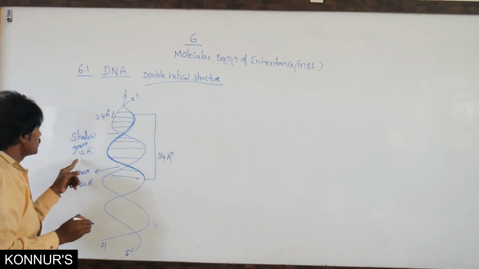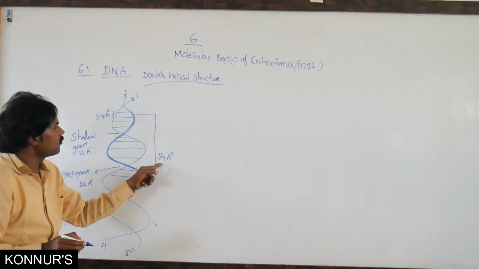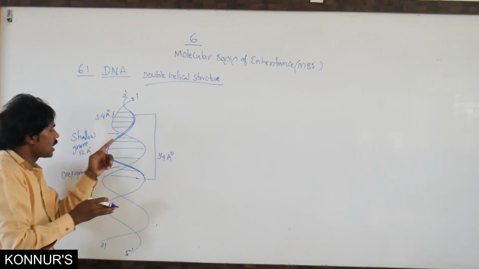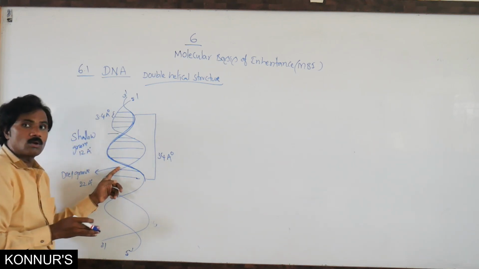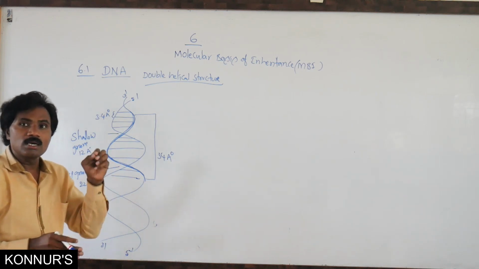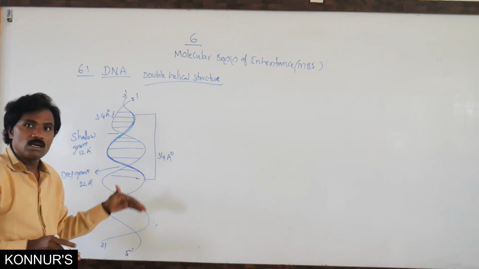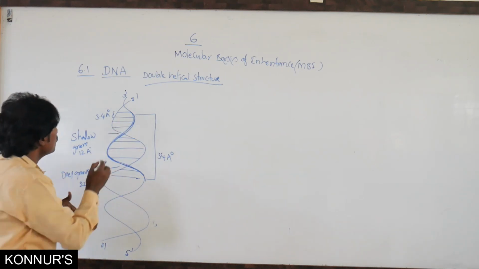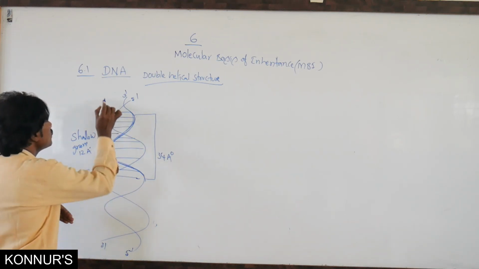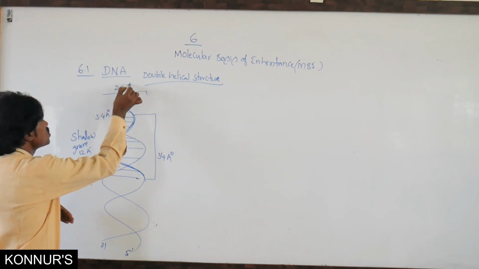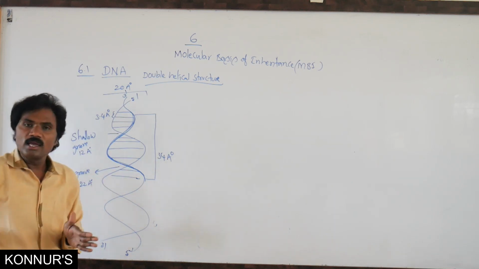So 22 plus 12 is 34. One shallow and one deep groove indicate one complete curve. The diameter is 20 angstroms between the two helices.